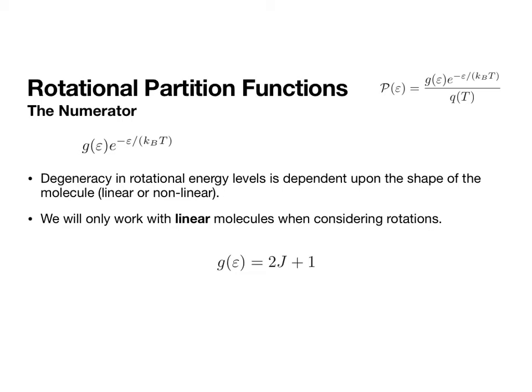So let's start with the degeneracy of rotational levels. Degeneracy of rotational levels is ultimately dependent upon the shape of the molecule, linear or nonlinear. In this class, we are only going to work with linear molecules when we are considering rotations. And with a bunch of quantum mechanics and derivations that we're not going to do this semester, we can find that the degeneracy of linear molecules is equal to 2J plus 1.